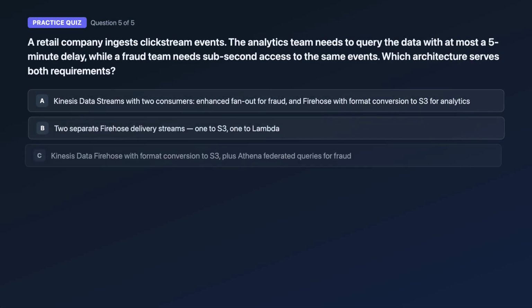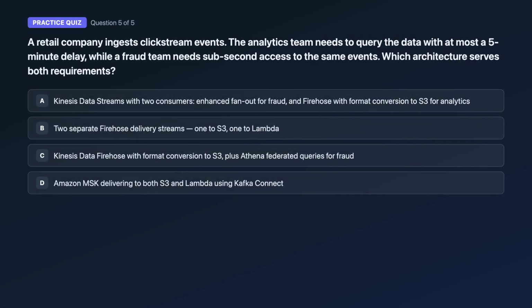Last question. A retail company ingests clickstream events. The analytics team needs to query the data with at most a 5-minute delay, while a fraud team needs sub-second access to the same events. Which architecture serves both requirements? Is it A, Kinesis Data Streams with two consumers, enhanced fan-out for fraud, and Firehose with format conversion to S3 for analytics?